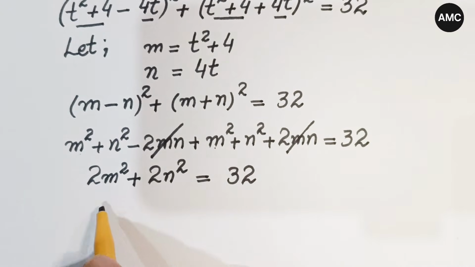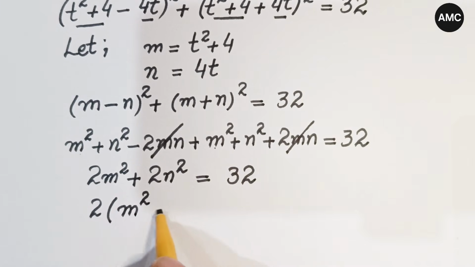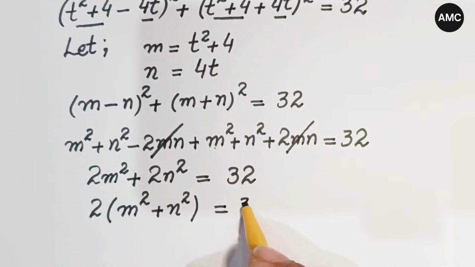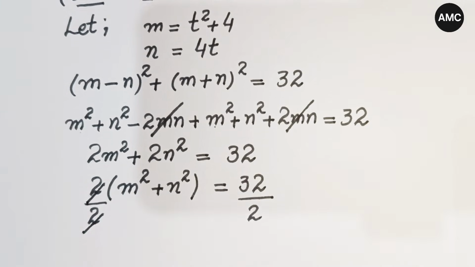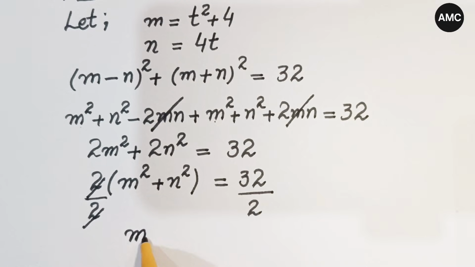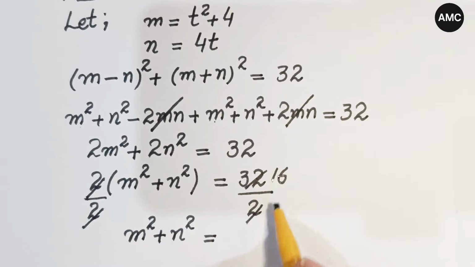Now taking 2 common, we get inside the bracket m squared plus n squared is equal to 32. Now dividing by 2 on both sides, this 2 is cancelled out, and we have m squared plus n squared is equal to 16.